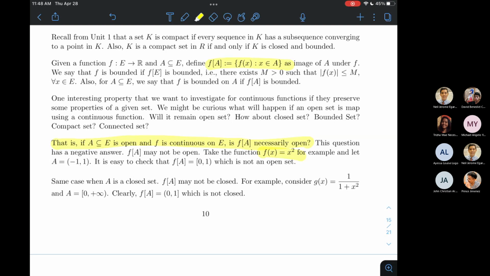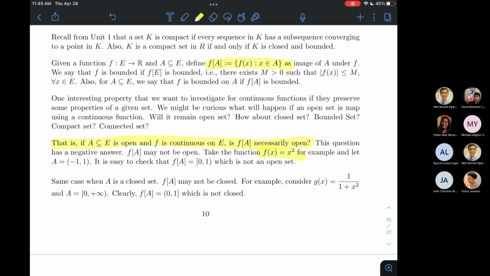Kapag sinabi nating range, siya yung image ng buong domain. Tinatawag natin siyang image kasi ito yung resulta after you perform the function f on a domain element. So pwede mong isipin yung function f ay parang maskara. Meron kang isang tao, tapos pag in-evaluate mo yung function value niya, parang magkakaroon lang siya ng mask, tapos yung image, yun yung result ng pagsusuot ng mask.